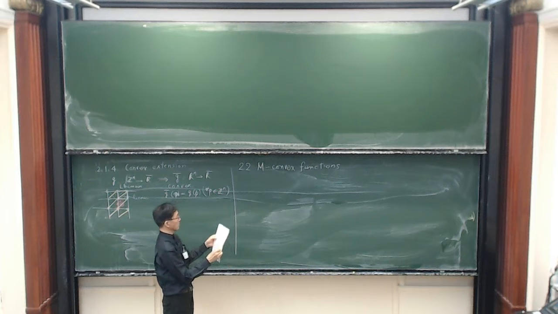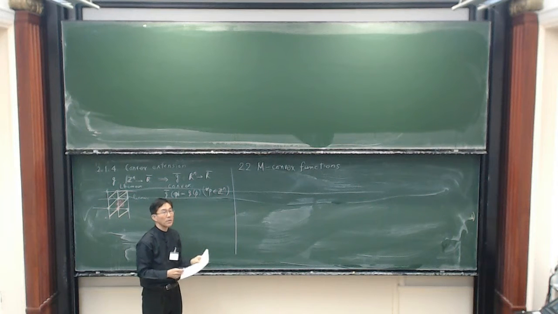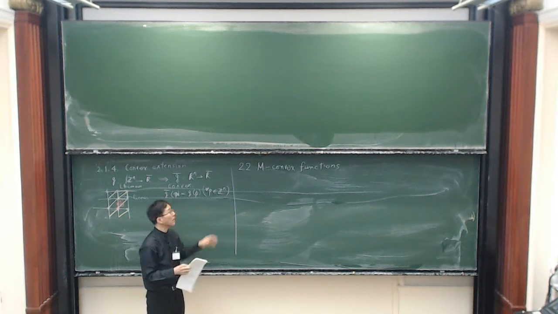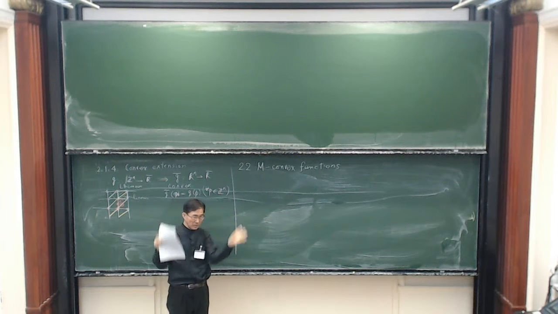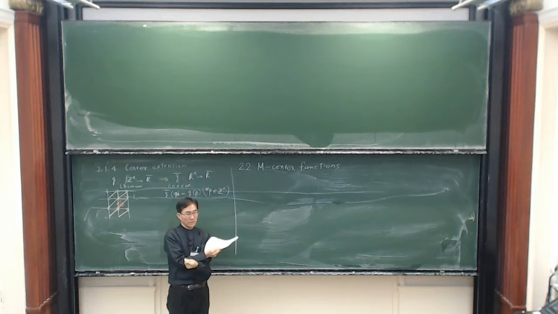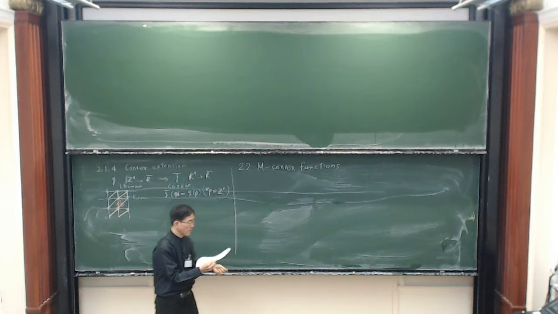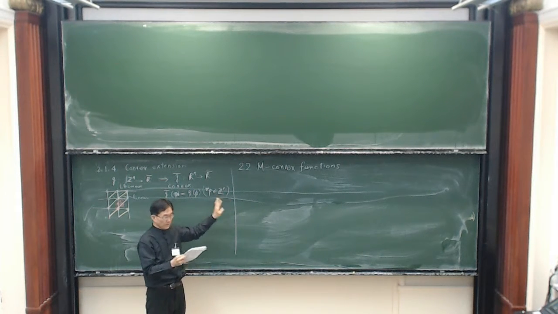Okay, so M-convex function is a generalization of matroid. Yesterday I mentioned the exchange property of matroid. If you have two bases, you can exchange elements. And I'm now doing a similar thing for functions.